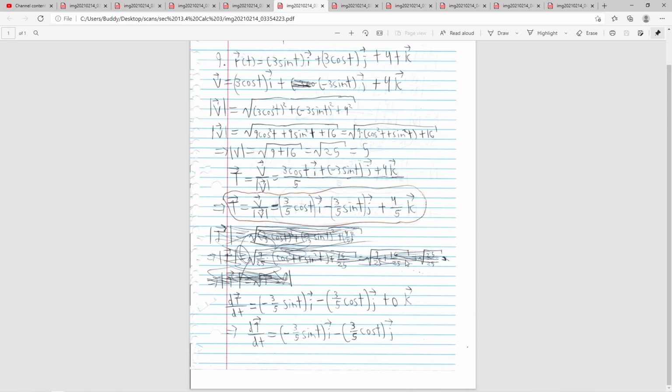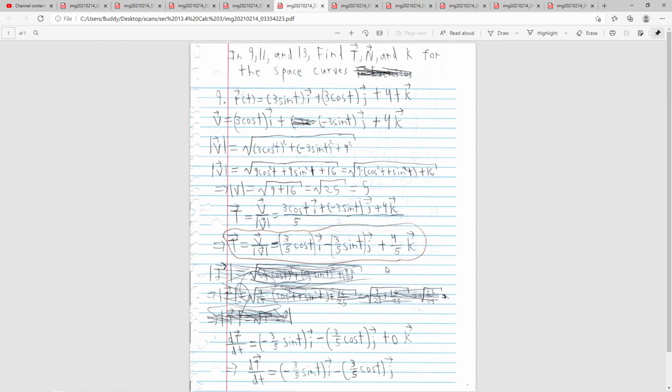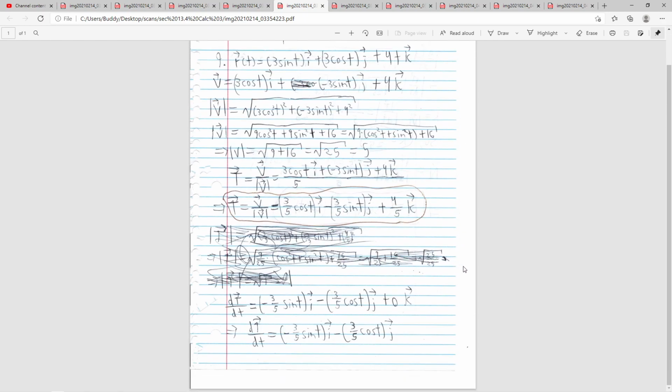It's just your basic derivative rules used with other types of simplification rules and exponential rules, any type of rules really that apply to math at this point. But yeah, sine squared plus cosine squared equals 1 basically is what's used there. And t is the division of v and the magnitude of v.